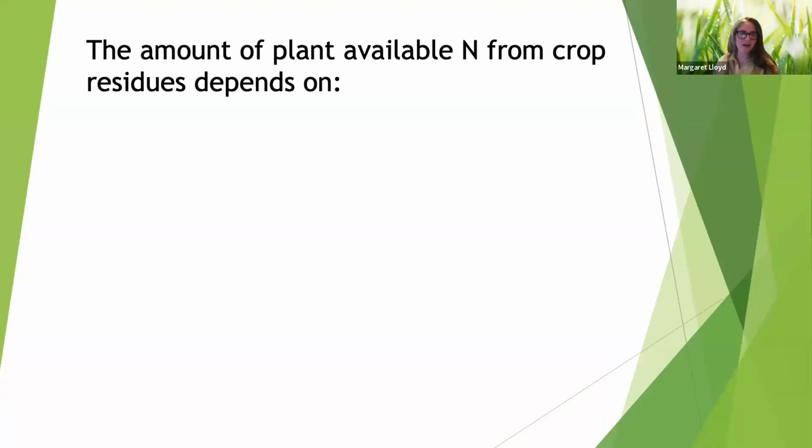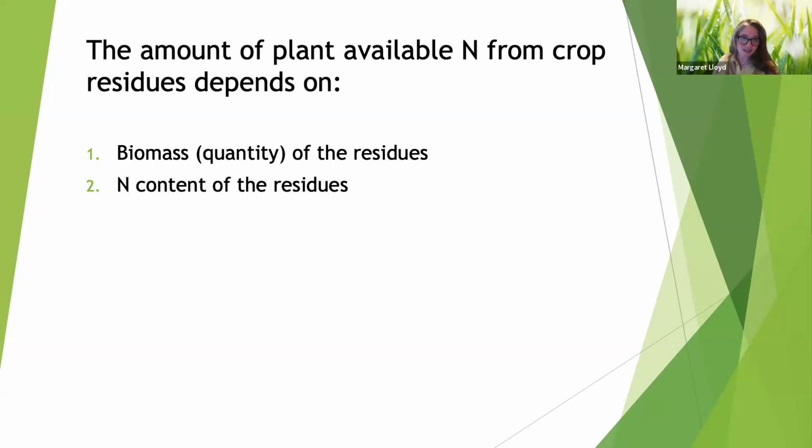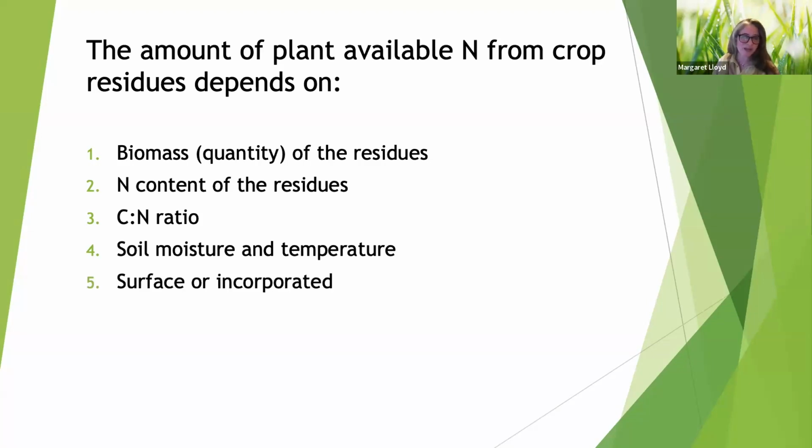The amount of plant available nitrogen from cover crop residue will depend on the biomass, so the volume, the quantity of that residue, the nitrogen content of that residue, the C to N ratio, the soil moisture and temperature at which it's being incorporated, and how that's being incorporated.